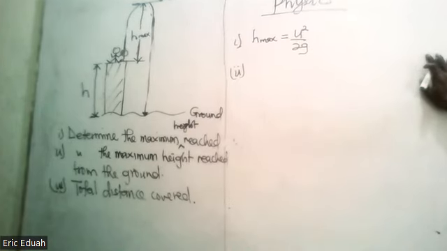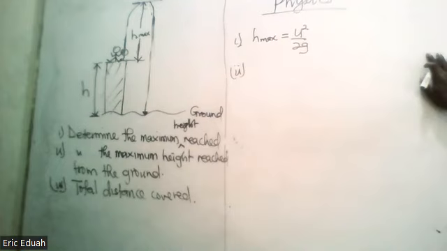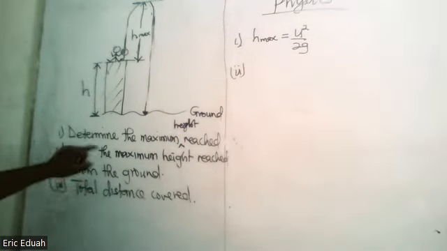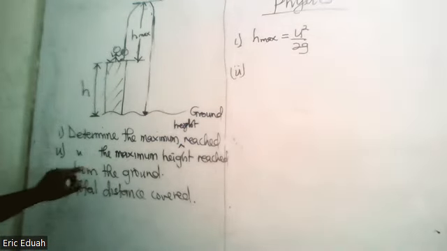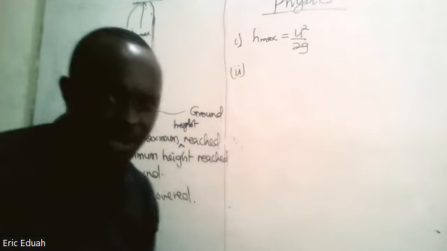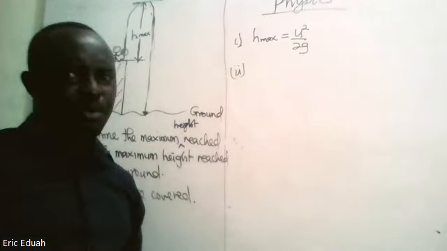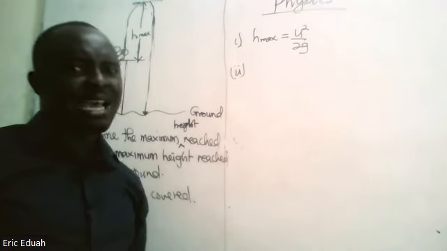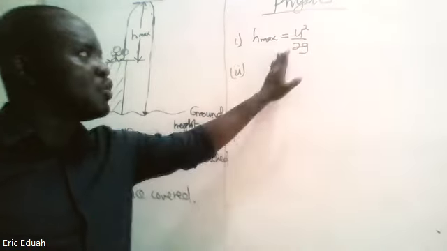Yaba, what do you think? Please, I also think U squared over 2g plus the height of the tower, H. That's exactly what it is. The question: determine the maximum height reached from the ground. So if I'm at the ground level, what is the maximum height reached by the body? So I have to add the height of the tower to H max.